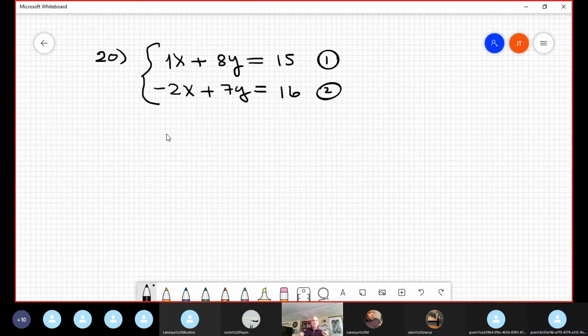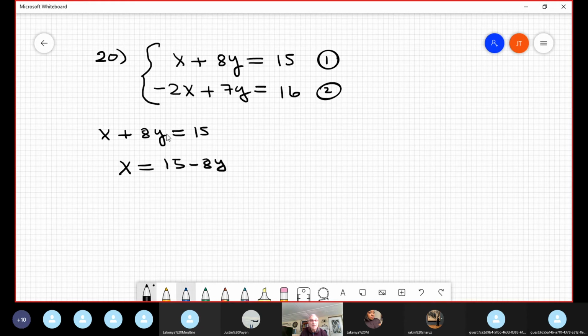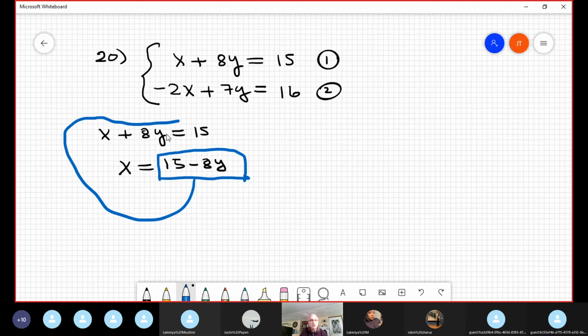Exactly. So I take the equation number 1 and rewrite it again. I solve for x: x is equal to 15 minus ay. I take this expression and substitute it here, in the other equation.